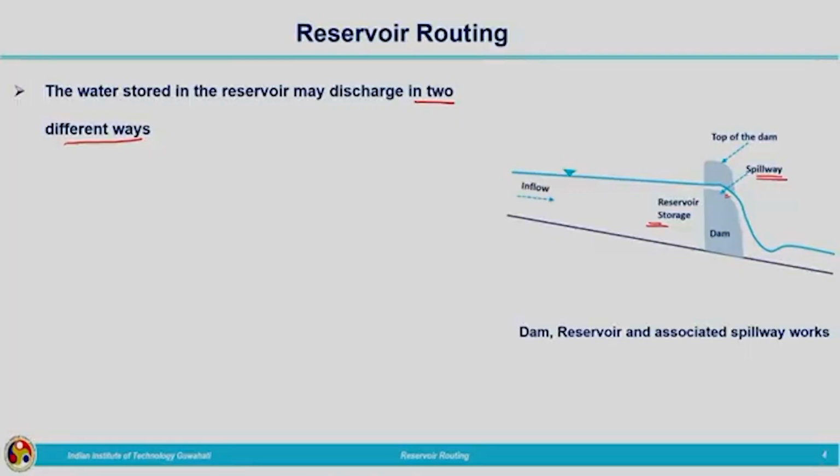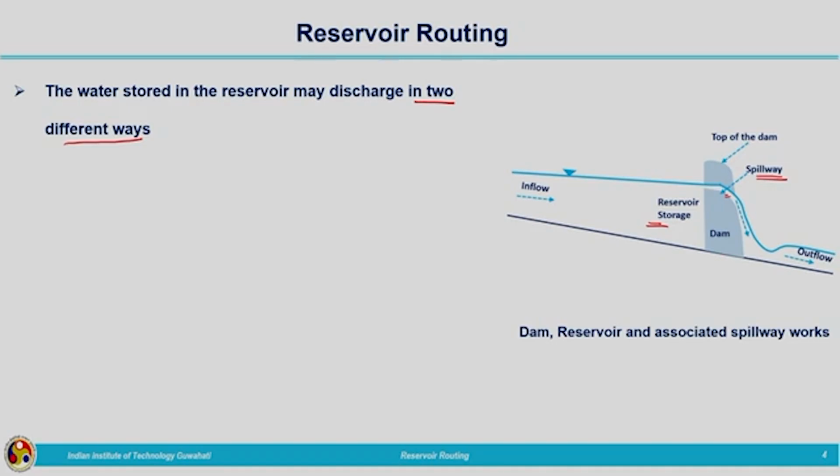Spillway will be having different types of control structures provided. Depending on that, we are having different types of spillway for controlling the water flow from the reservoir. So, the inflow is taking place from the upstream side and it is flowing above the spillway, and outflow is obtained at the downstream end. This is the basic principle which is taking place in the case of a dam.